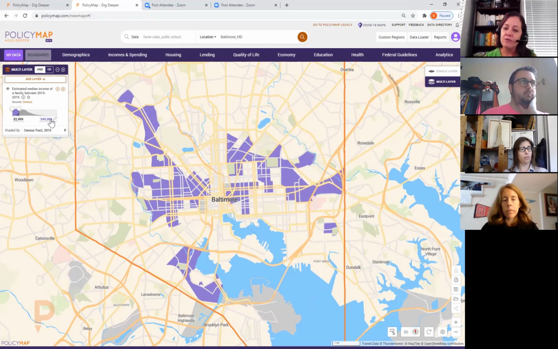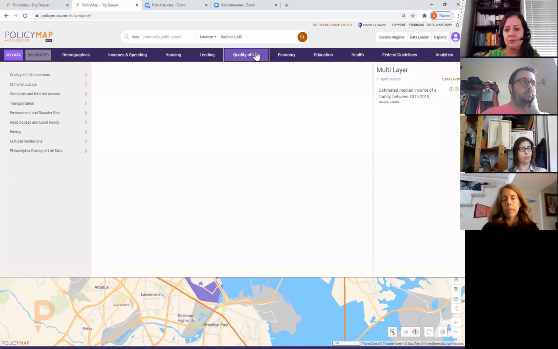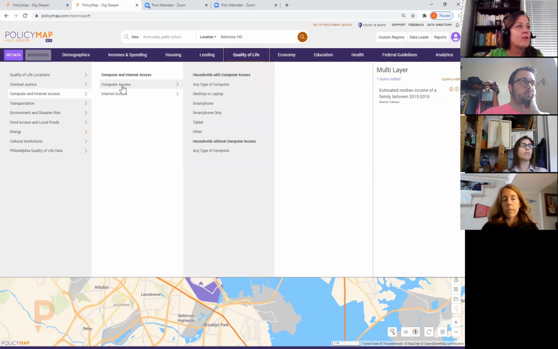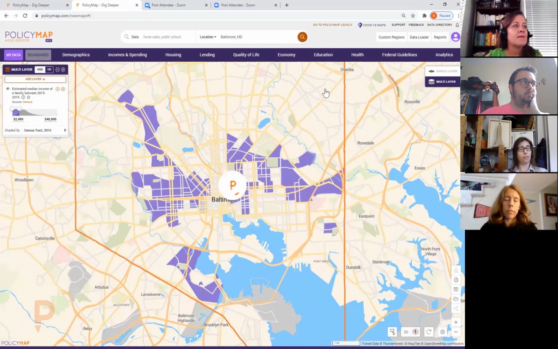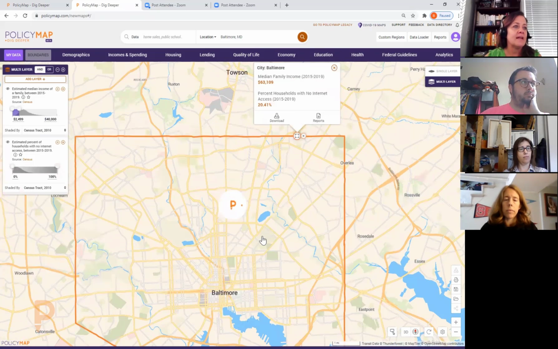And then I can take a look at other social, economic, or health factors. So maybe I'm worried about access to the internet or access to computers. I can see where there are a large number of people who don't have access to the internet. And again, I can start to layer this in.